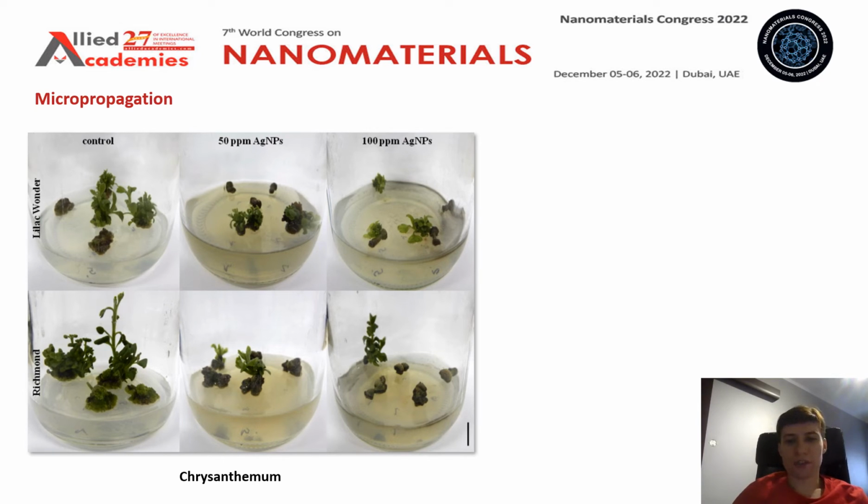The media usually contain all the micronutrients, vitamins, and plant growth regulators that the plant needs to develop, to grow, and by manipulating the composition of this medium, we can stimulate the development of the explants.